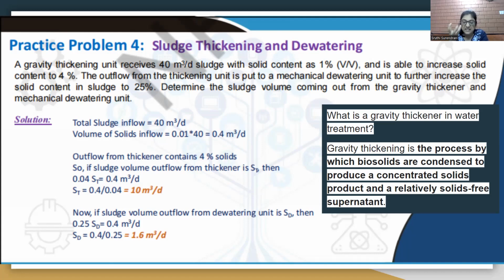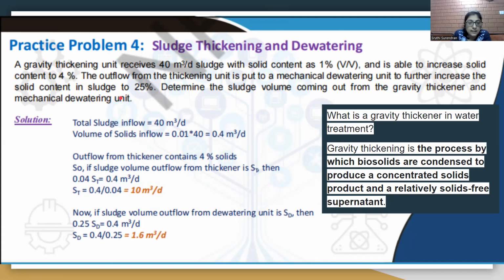Gravity thickening unit is thickening that sludge into 4% solid content. Now whatever outflow is coming, that sludge is pushed into a mechanical dewatering unit, which is increasing the solid content to 25%. They want us to find the sludge volume that is coming out of the gravity thickening unit, as well as the sludge volume that is coming out of the mechanical dewatering unit.